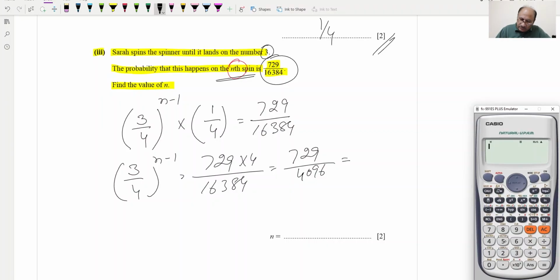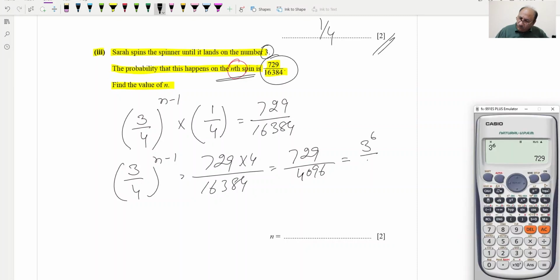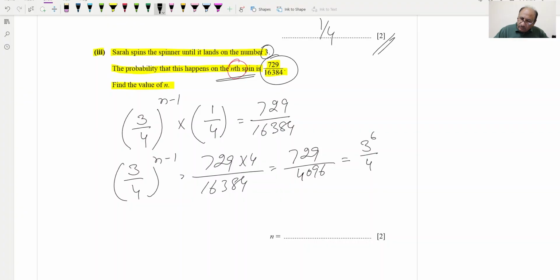Basically, if we check for the 6 one, so 3 raised to the power 6 will be equal to 729. So we can write 3 raised to the power 6 over 4 raised to the power 6 will be equal to 4096. Now 3 over 4 raised to the power n minus 1 is equal to 3 over 4 raised to the power 6.